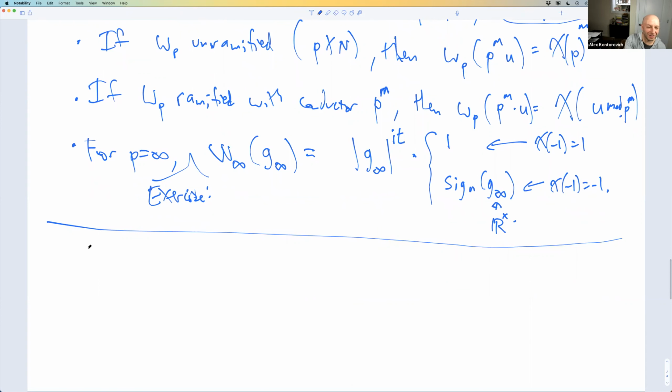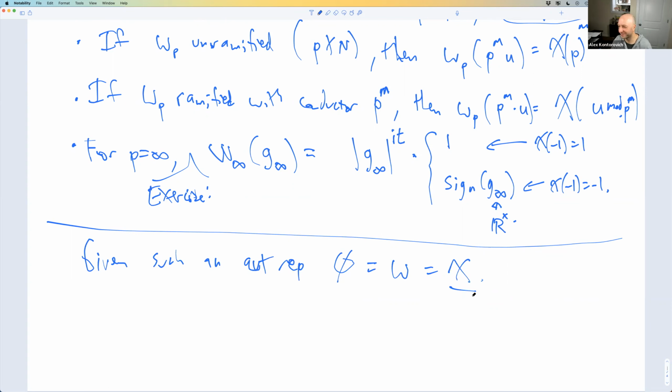So given such an adelic automorphic representation, phi, by which I mean omega, by which I just mean the Dirichlet character chi, since everything is this very fancy thing built on top of a very simple object, let's attach an L function to phi, which of course should be the L function of chi. I think we can do it in 10 minutes because it's something we've done again and again and again.